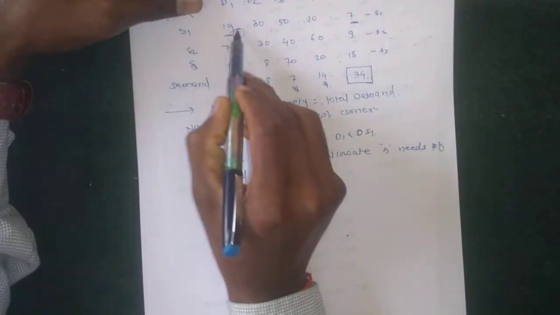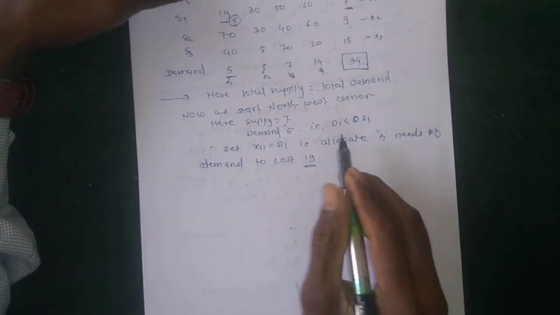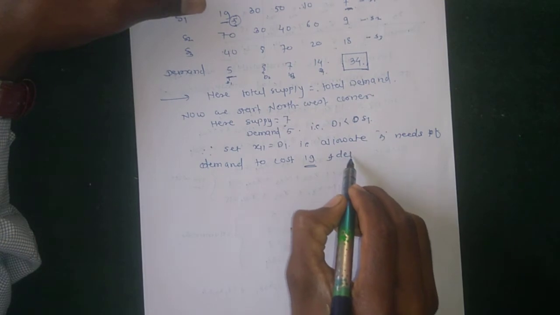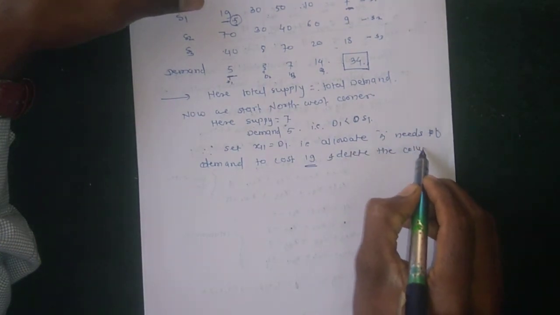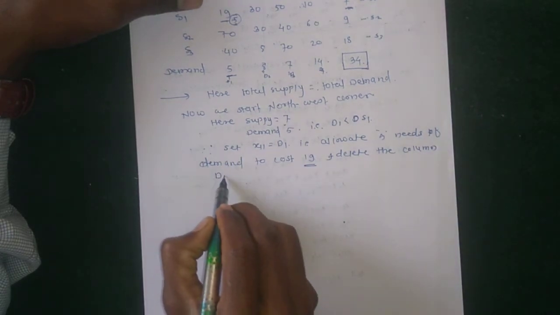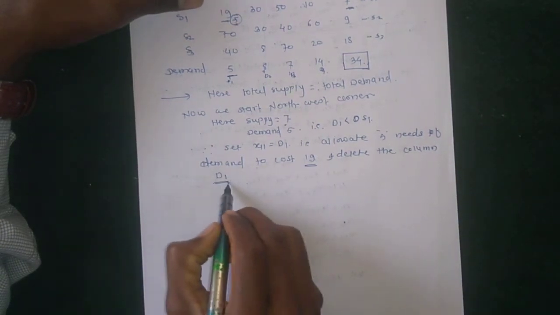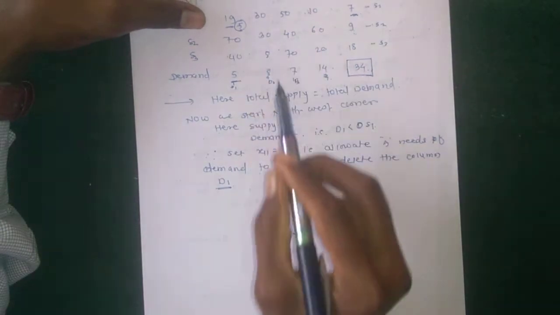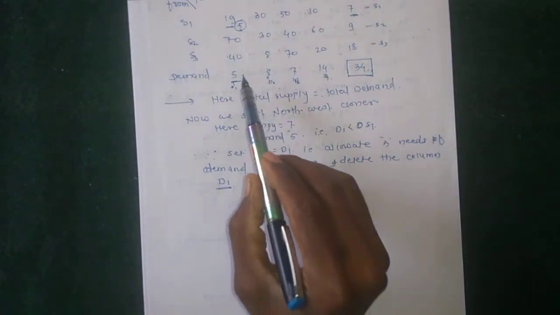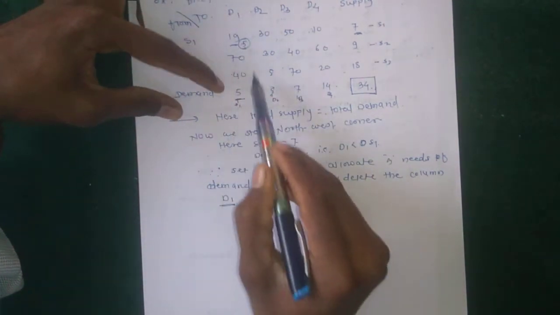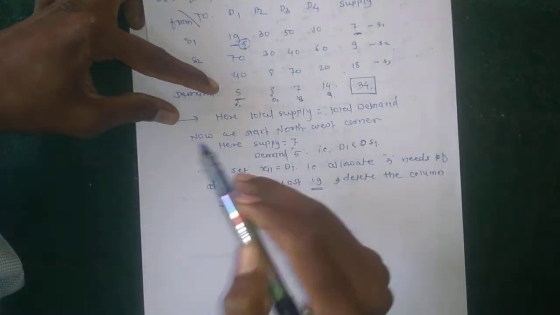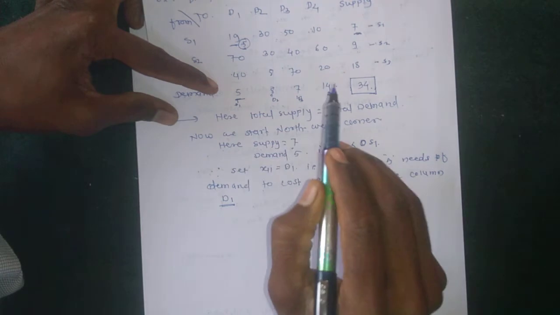The cost given here is 19. Delete the column D1. If the demand is less than the supply, then delete the column.